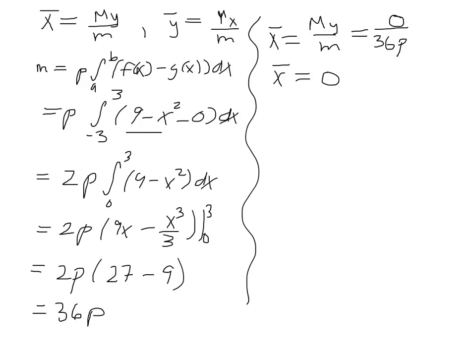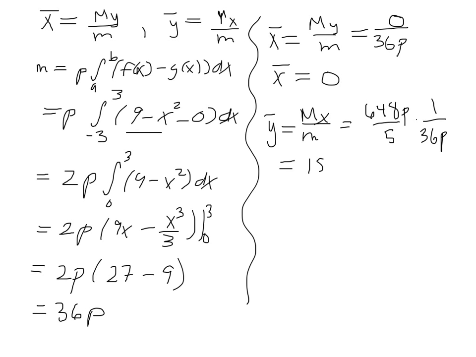Now y bar, that will equal mx divided by lowercase m. So mx is 648 rho over 5 multiplied by 1 over 36 rho. And that gives, once you reduce, 18 over 5, or 3.6.